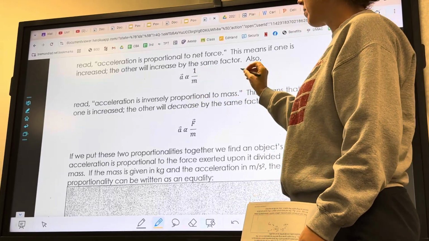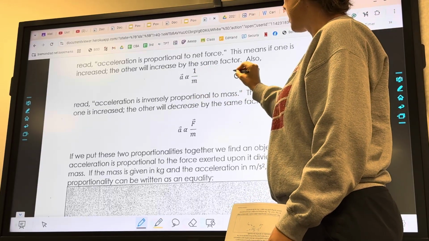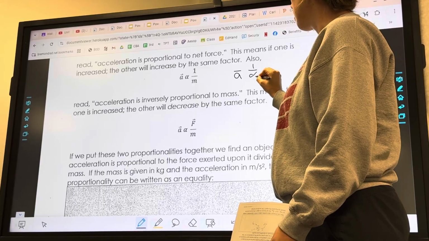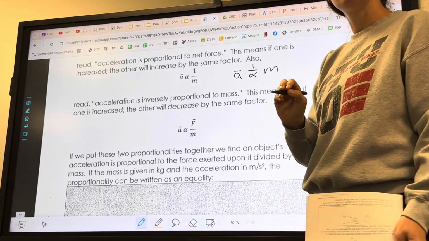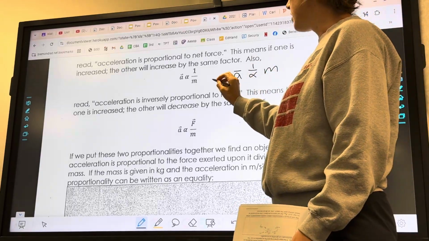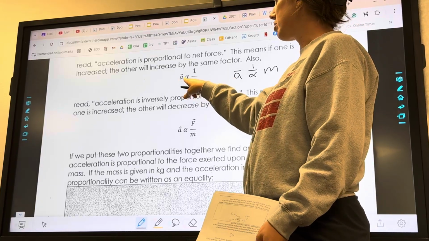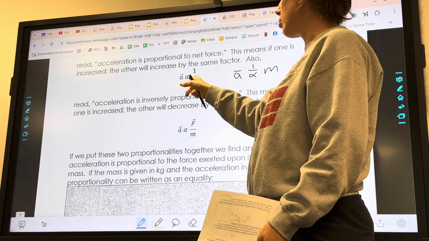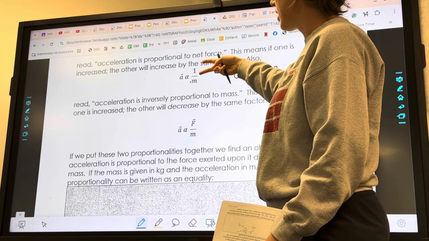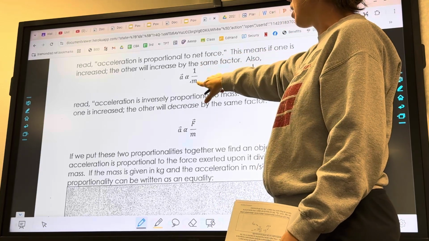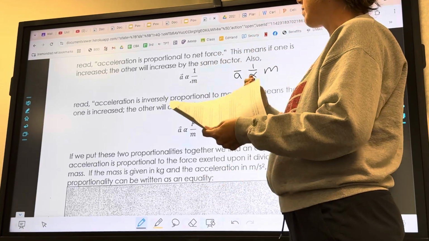Some people might even write it as acceleration is inversely proportional to mass, okay? But this one I like a lot because you're still using the proportional symbol, but whenever anything is now in the denominator with the 1 on top, it's inversely.